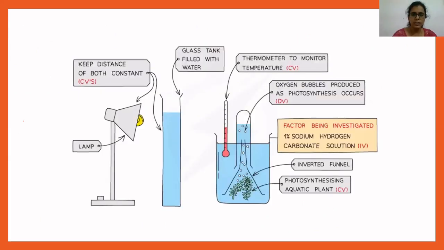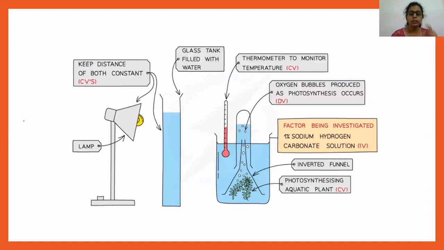Okay, so this experiment we would be performing on any water plant, especially any pond water plant. In previous videos I have shown you how to demonstrate that the gas which is liberated in the process of photosynthesis is oxygen. There we used a similar experimental setup.